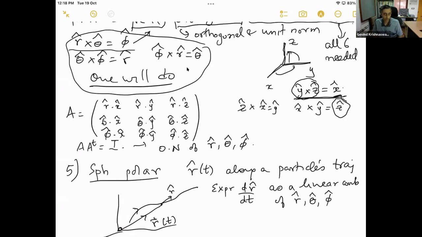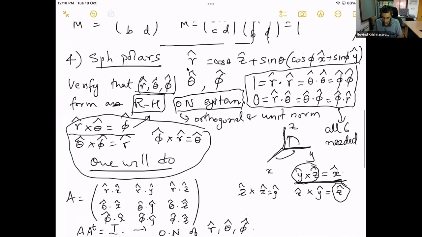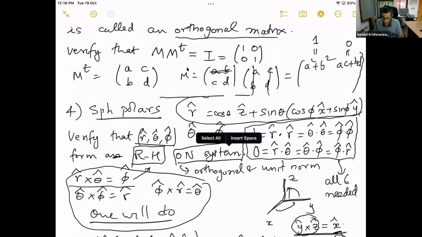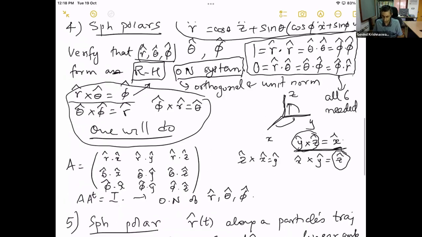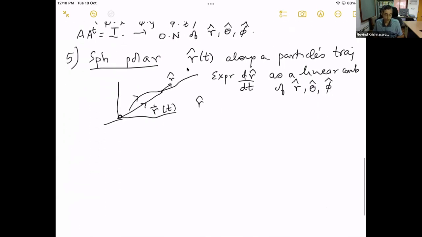That is not so difficult because the formulae are already given in the previous question. You're supposed to take the formula for r hat, which I wrote a little while ago, namely this formula, and simply differentiate it in time. So you'll get minus sine theta dot z hat and so on. You're supposed to differentiate it, and get a formula for r hat dot.